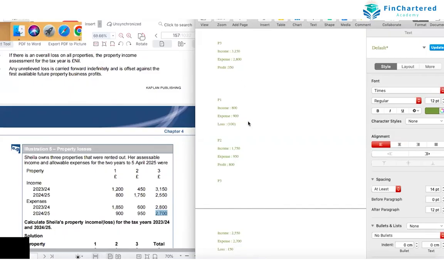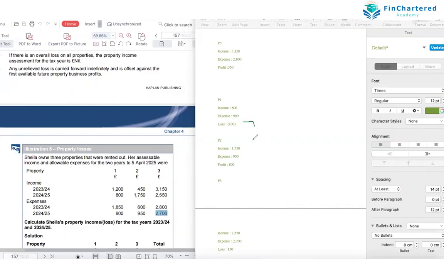So in the second year, there's an aggregate. We need to know aggregate profit or loss is how much? Minus 150. Sorry, 100 is a loss. 800 is profit. 150 is profit. So we have a profit of 950, out of which 100 is a loss.